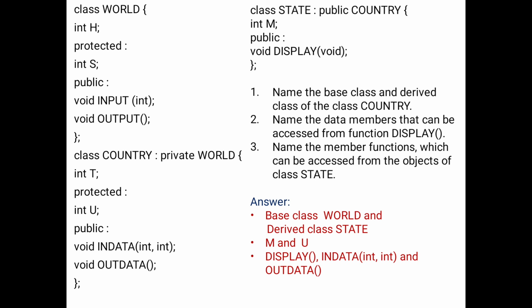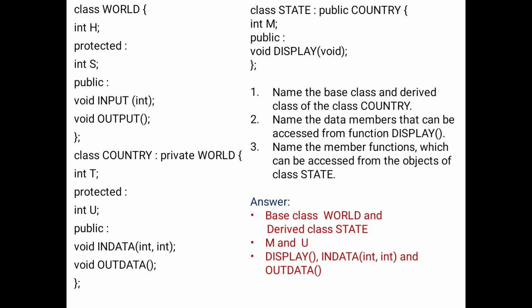Even the member functions are the same, and in the derived class you have class country, which inherits the members of the class world privately. Similarly, you have in data and out data as the member functions.